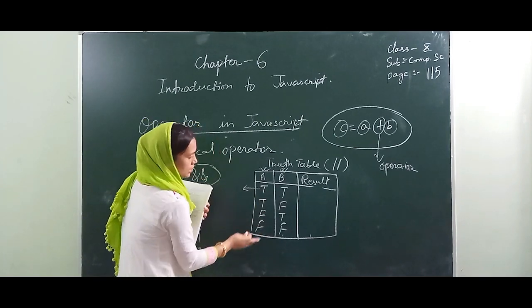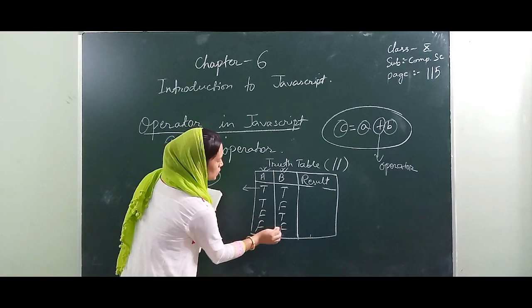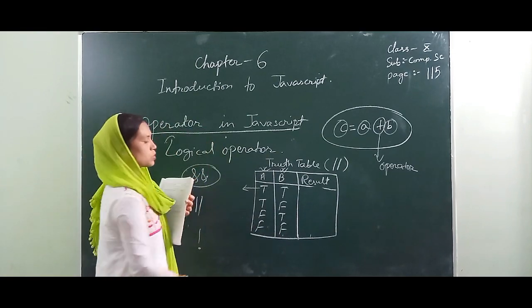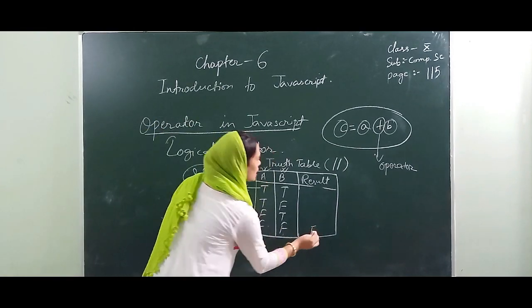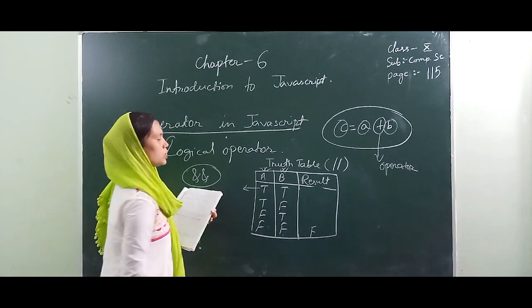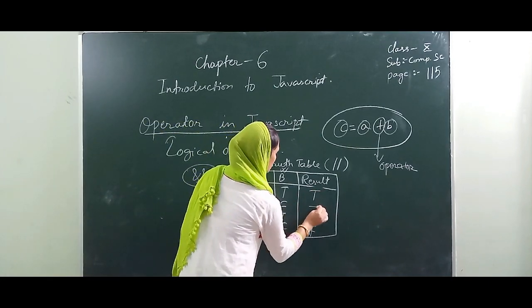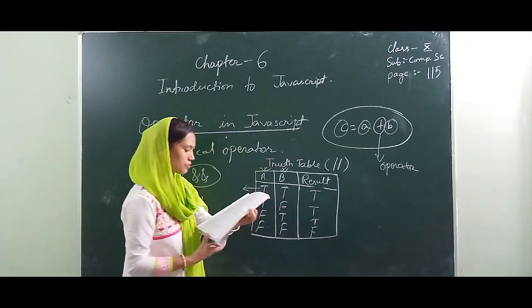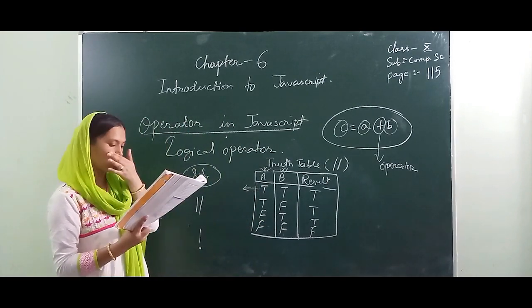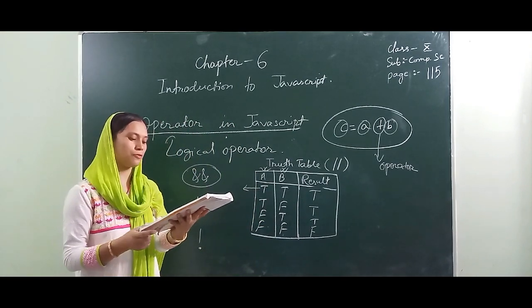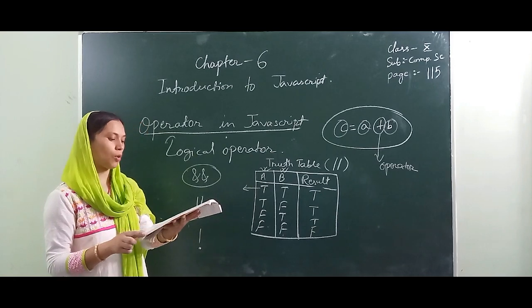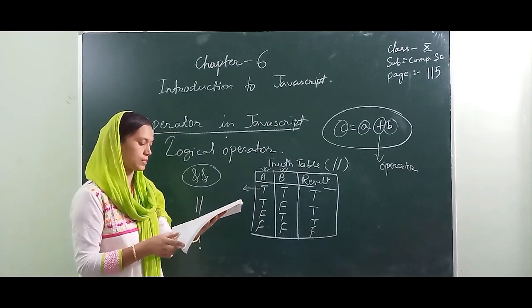Let's come from the last one. Here in the last one, both the conditions are false, so this one will be false. And the remaining will be true. So in this manner, the OR operator will result in false only if both the conditions are false.